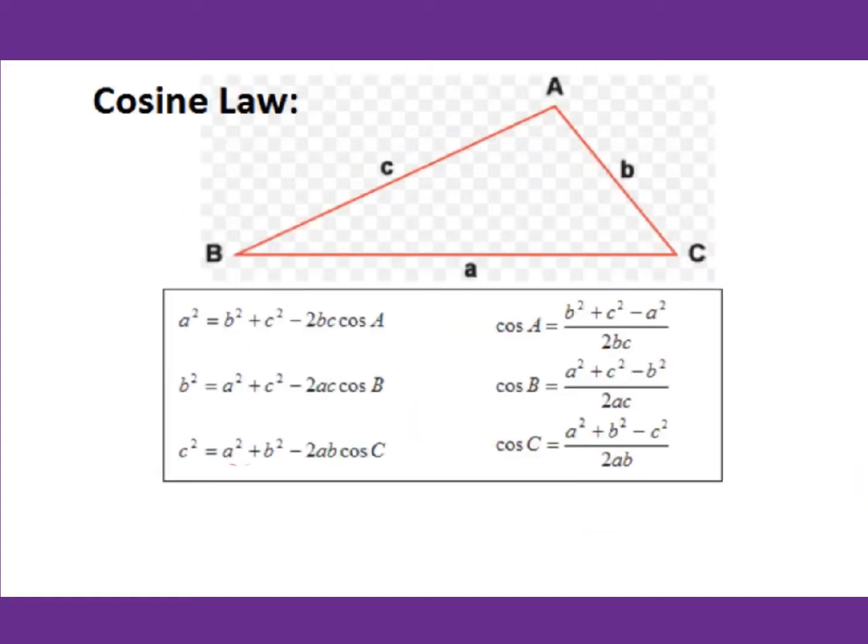Now, how to remember cosine law? First of all, remember that c squared equals a squared plus b squared minus 2ab cosine C. Look at the pattern.